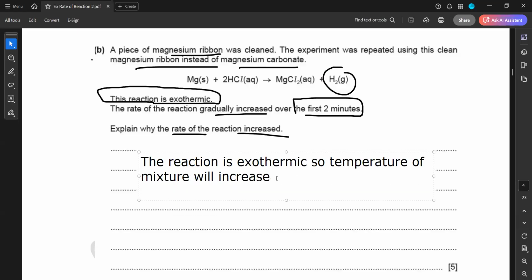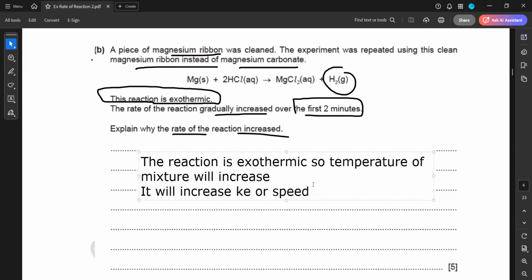It will increase the kinetic energy, or the speed, of the particles. When we have an exothermic reaction, the temperature of the mixture will increase. What is the effect of this increase in temperature?